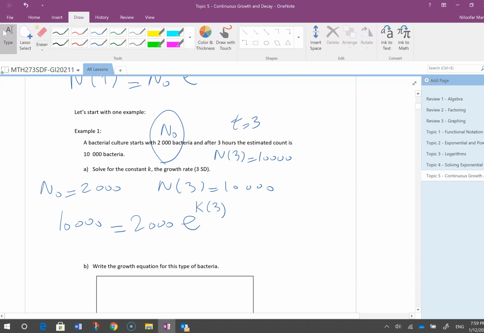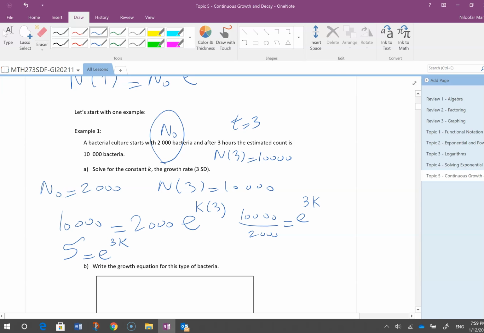This is exactly like topic 4. You are solving for k, like this is, for example, x, and k is in the power. So what do you do? I divide 10,000 by 2000, and e to the power 3k, so 5 is e to the power 3k.